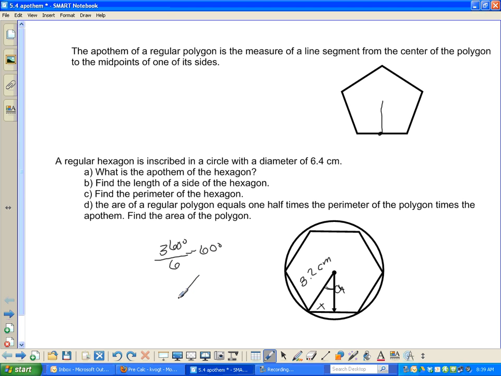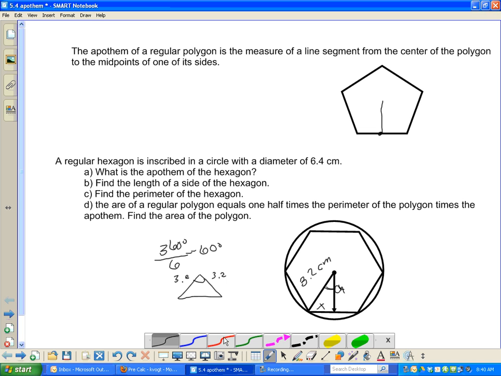But that would be my entire triangle here made up from one vertex to the other. This would be 60 degrees. So my angle in here, I can write it in there with a different color. My angle in here should be 30 degrees.